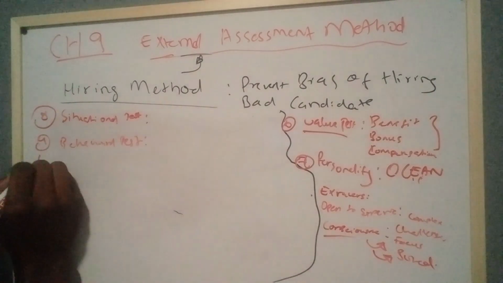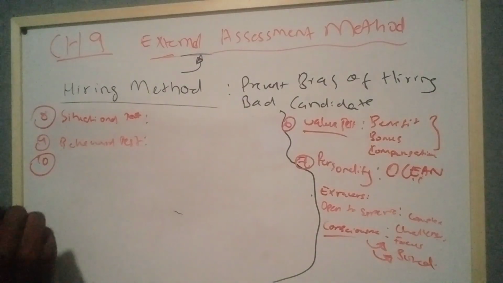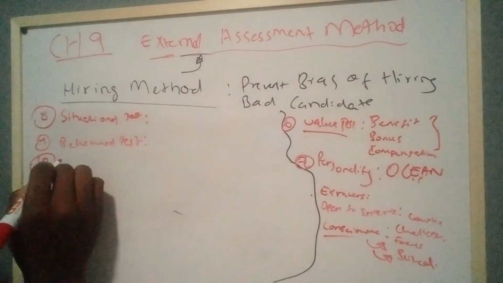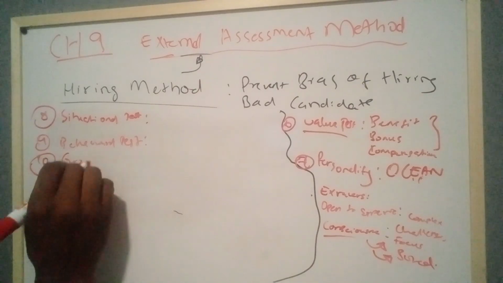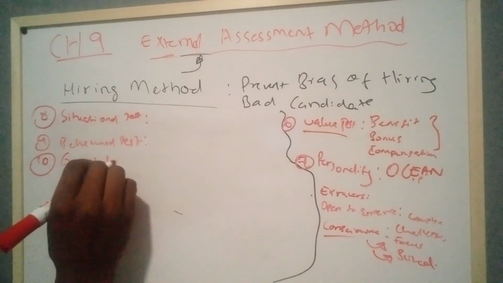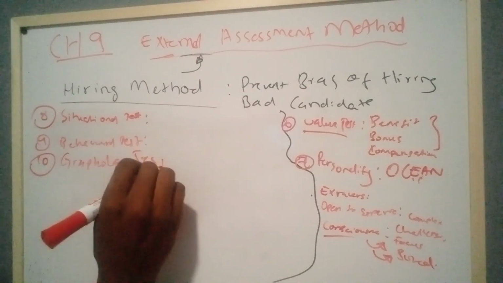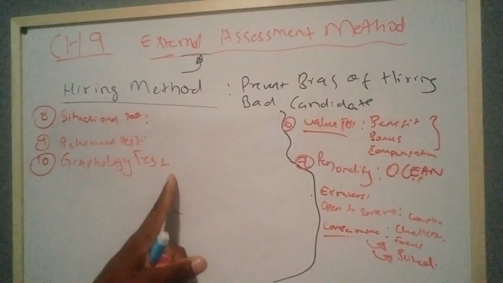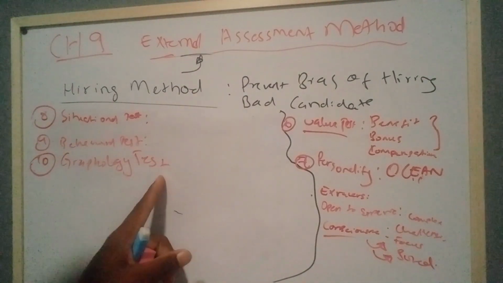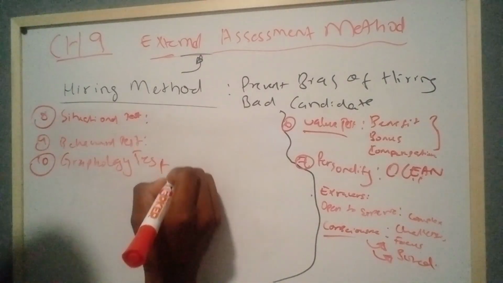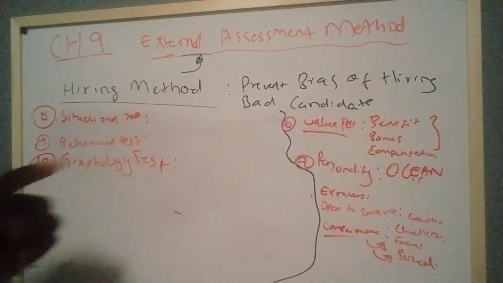And then number 10, what is this? Graphology test. They said this one is invalid. That means this one does not exist in many organizations, because it only checks your handwriting.